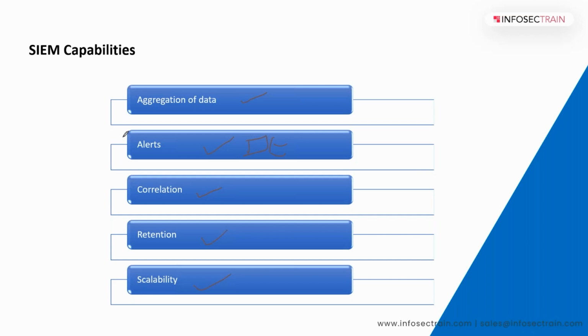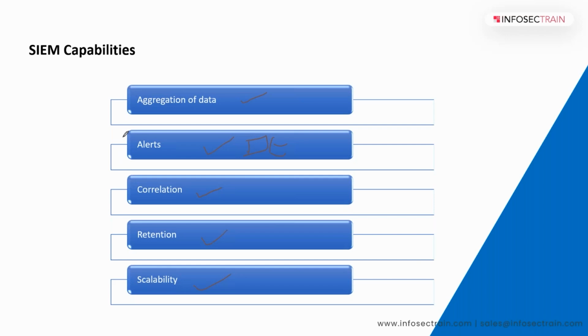From where did this event occur, or from where was this log collected? It's a firewall log. Okay, now the SIEM understood that it's a firewall log and stores it under the firewall log folder. Okay, this log is often from a web application, so store this log under the web application folder.